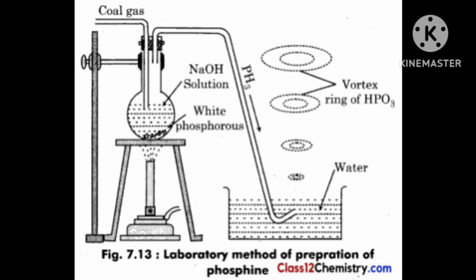P2 means phosphide. Cu3P2, cupric phosphide.